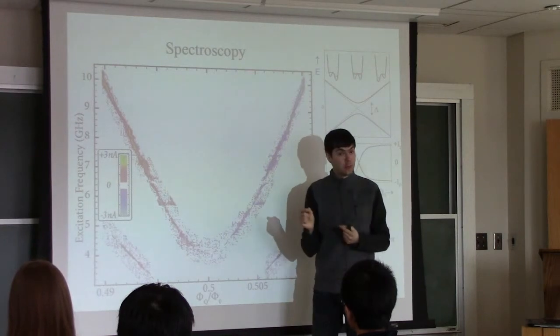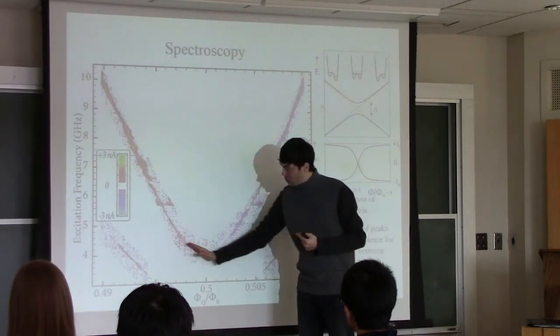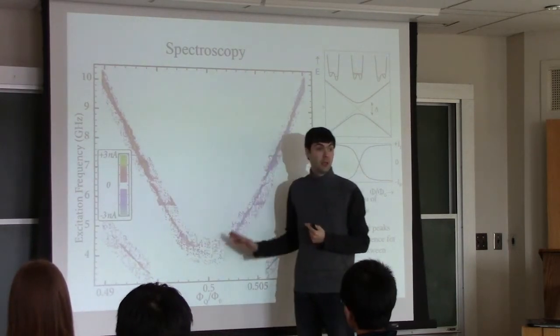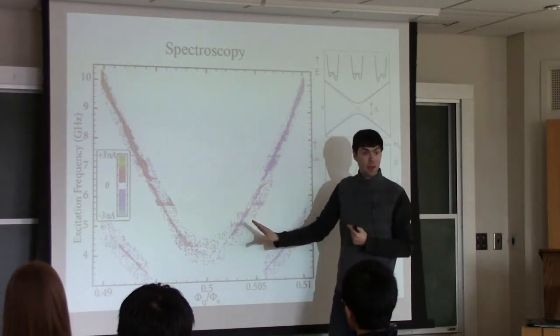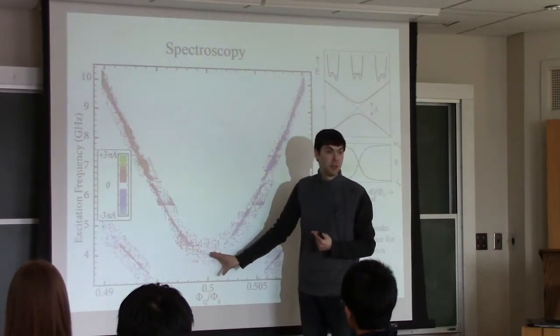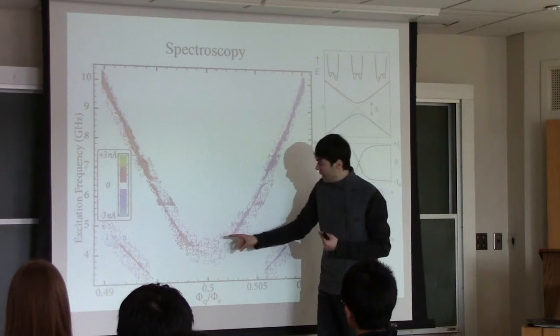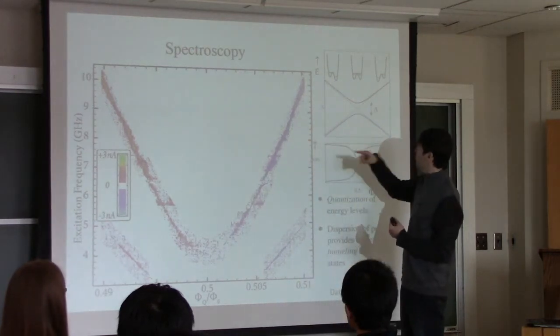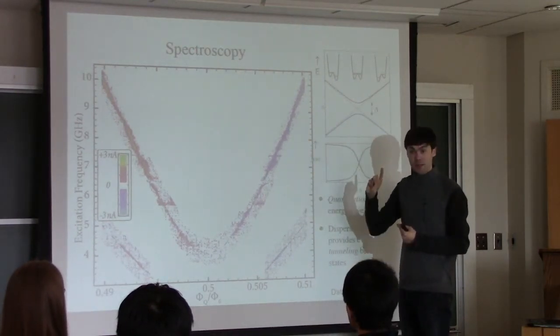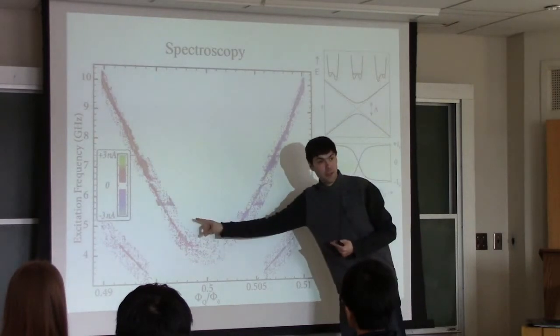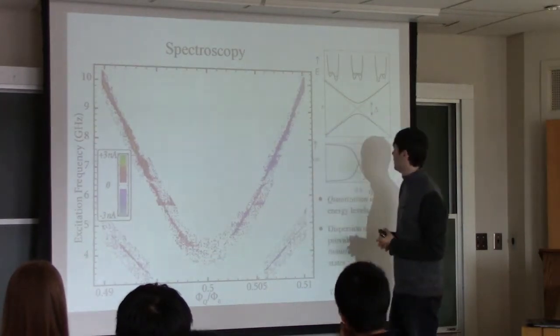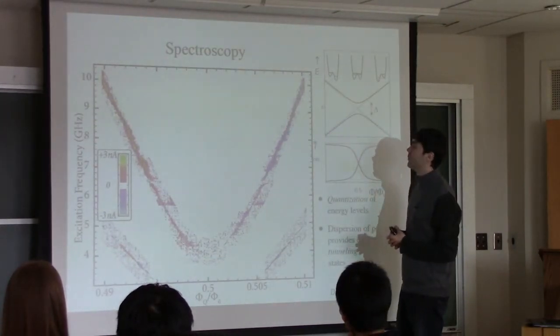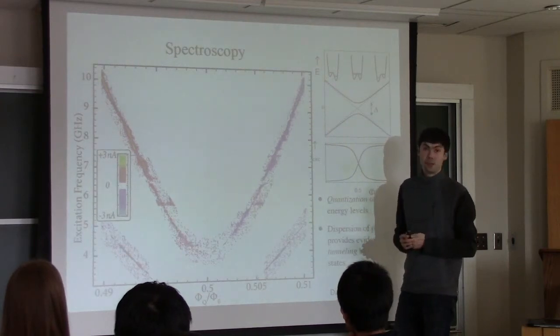And they don't. They show this anti-crossing. So this is the first evidence I give you of quantum mechanics in these measurements. Because the coupling between the current flowing this way and this way induces this anti-crossing, and that is the first proof that this circuit can work as a qubit.